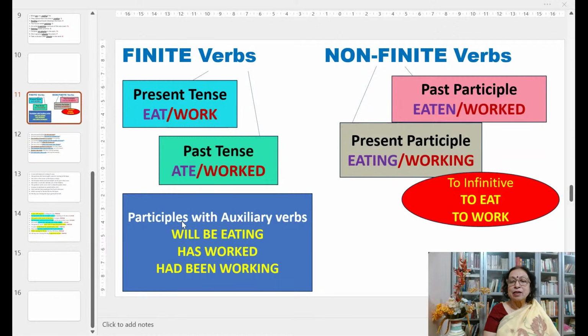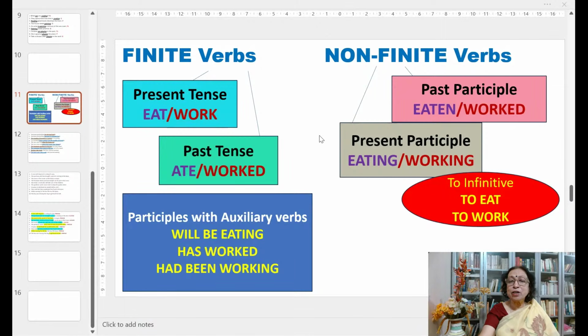So please remember that we shall have this as the finite verb list. If you are using a clause, all these verbs' possibility is there. All the 12 tense verbs should occur in some form or the other in the clause. But if it's a phrase, this will not be there.